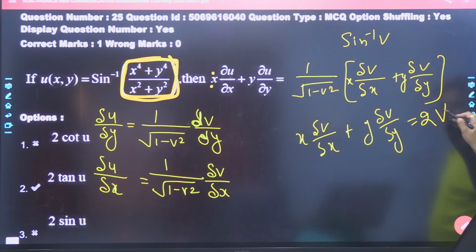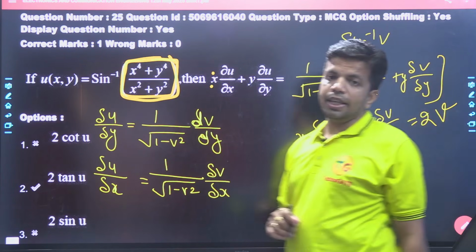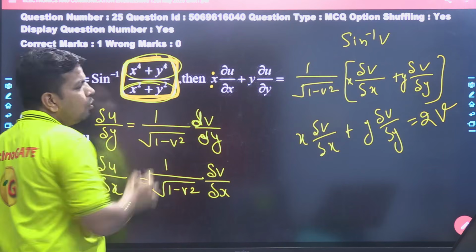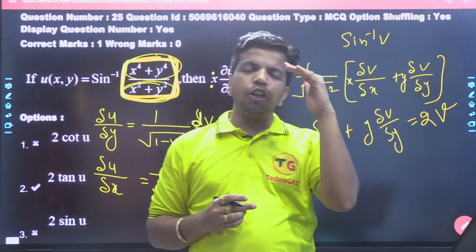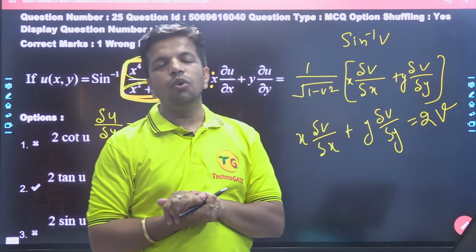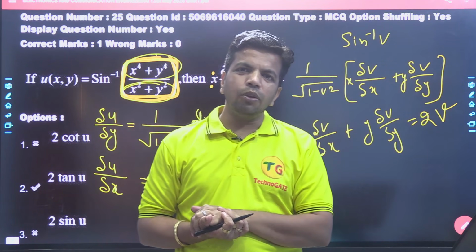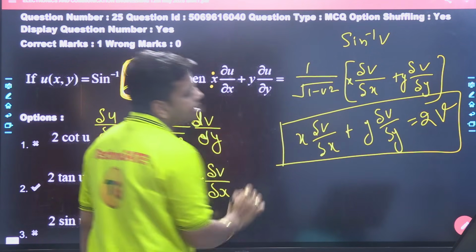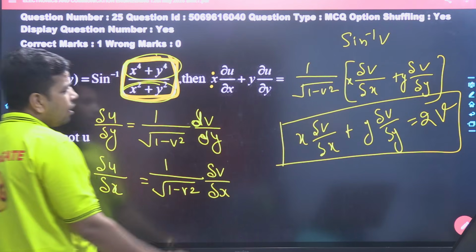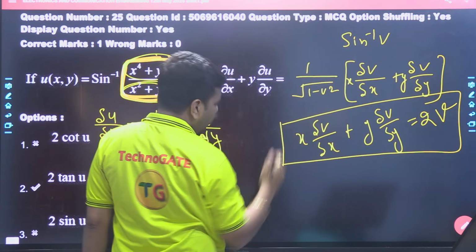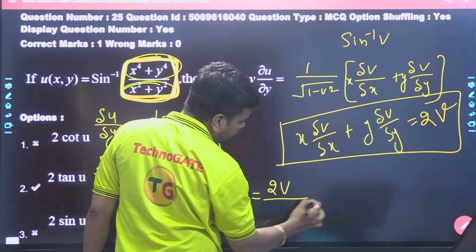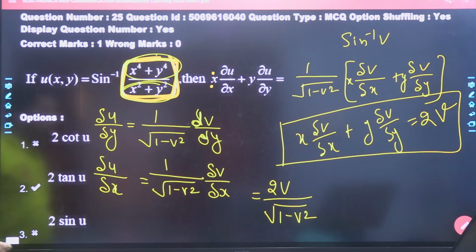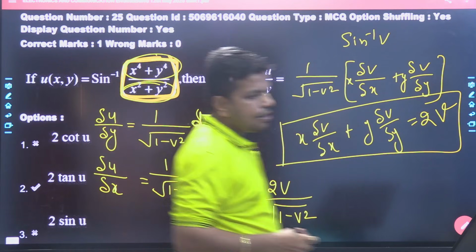It is simply equal to 2v. Here you can say that the numerator is degree 4 and the denominator is degree 2, so that would be an equation of degree 2. So by using Euler's formula, this is equal to 2v. Simply in place of that you can put 2v. So this is equal to 2v upon square root of 1 minus v square.